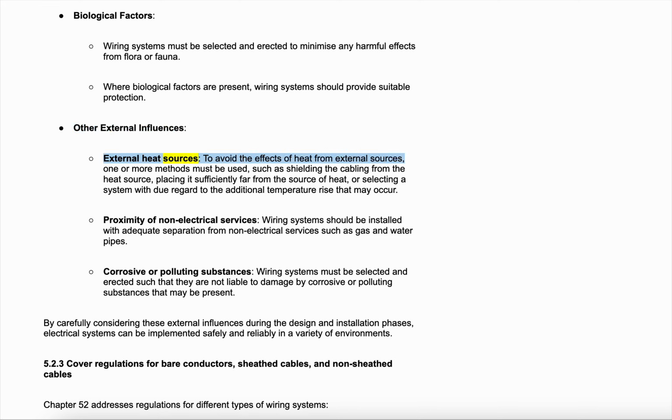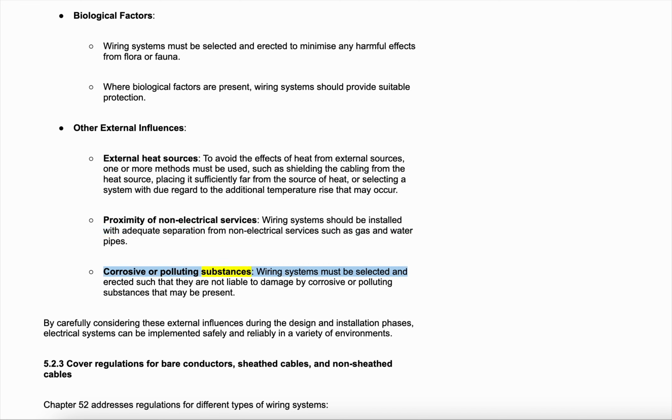External heat sources. To avoid the effects of heat from external sources, one or more methods must be used, such as shielding the cabling from the heat source, placing it sufficiently far from the source of heat, or selecting a system with due regard to the additional temperature rise that may occur. Proximity of non-electrical services. Wiring systems should be installed with adequate separation from non-electrical services, such as gas and water pipes.